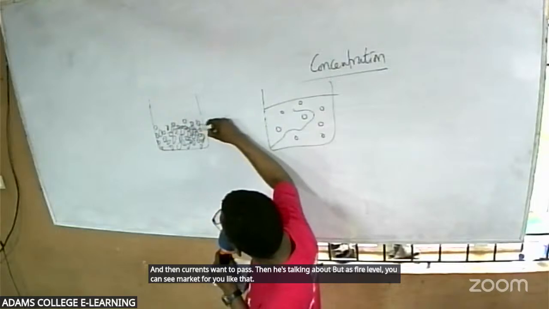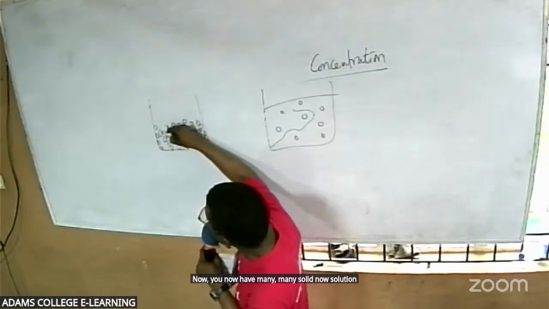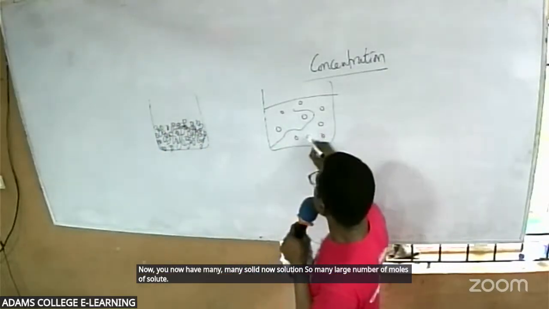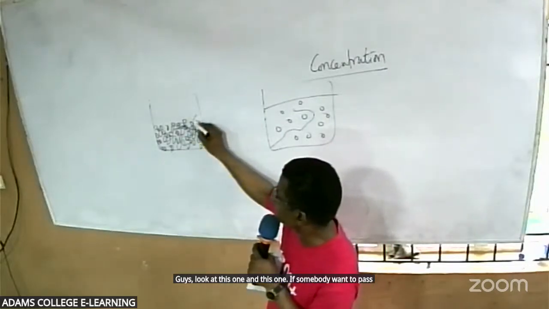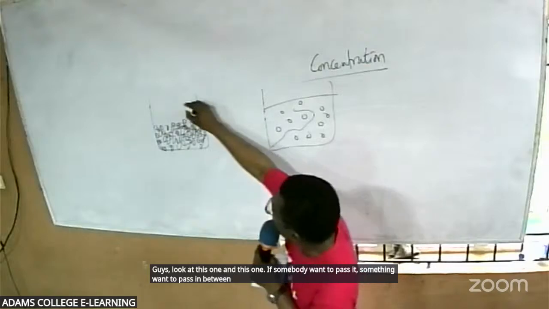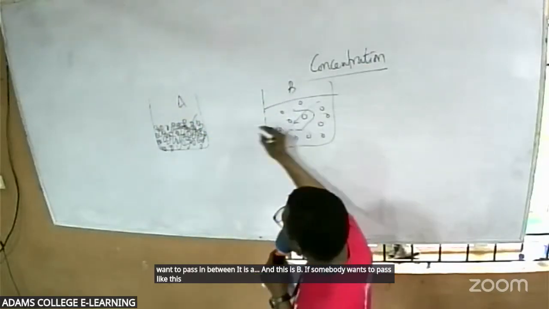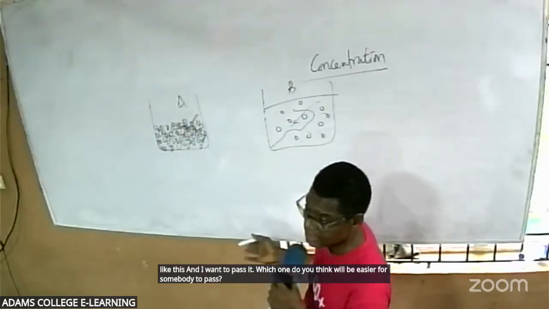Now, if you have many, this is a concentrated solution, highly concentrated, with a large number of moles of solute. Class, look at this one and this one. Let's say this is A and this is B. If something wants to pass like this, and that one wants to pass here, which one do you think will be easier for something to pass? That's exactly the story.